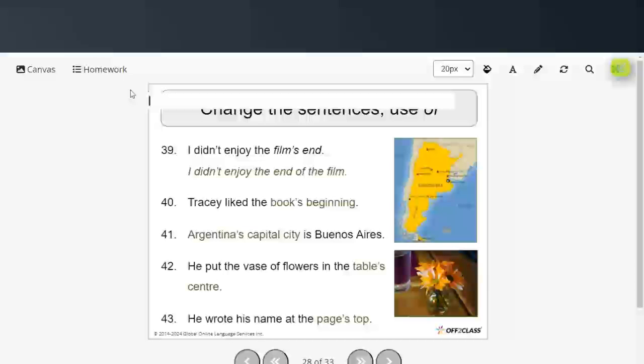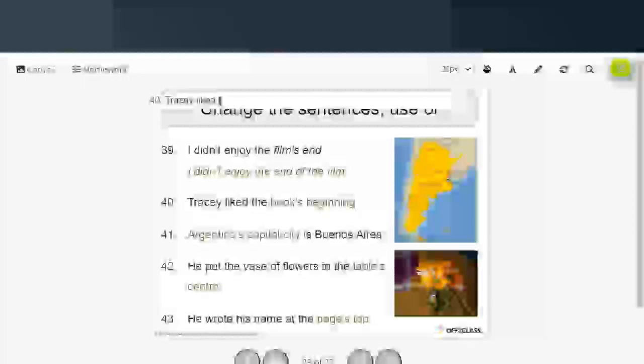So this would be Tracy liked the beginning of the book. Argentina's capital city is Buenos Aires. So the capital city of Argentina is Buenos Aires.